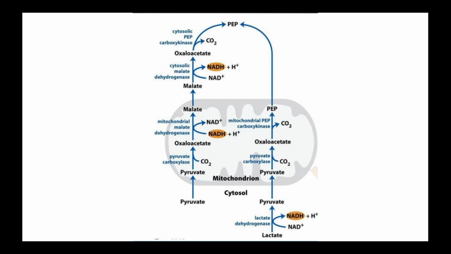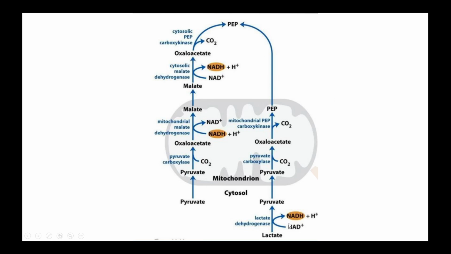This oxaloacetate can be converted into phosphoenol pyruvate by phosphoenol pyruvate carboxykinase. In this whole process, for oxaloacetate to get converted into malate, one NADH molecule is used up, and when malate is converted into oxaloacetate, that NADH molecule is released back into the cytosol.